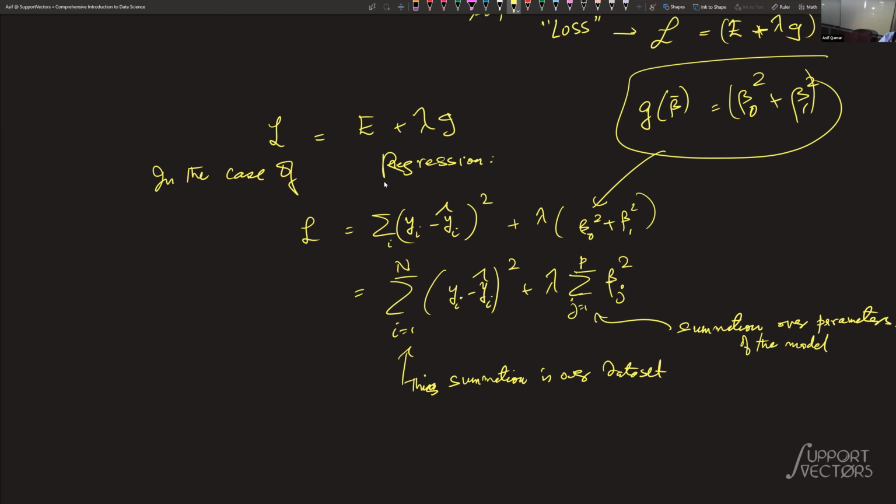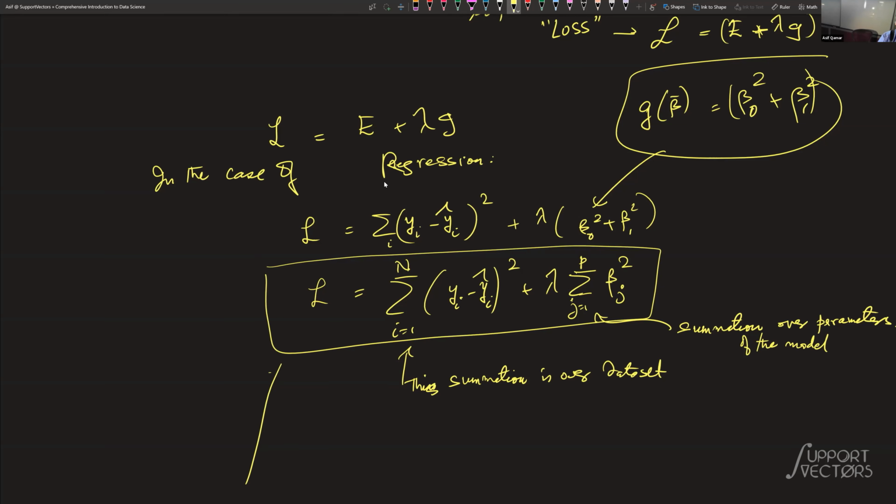And this is therefore the celebrated, famous equation of L2 regularization, or ridge regularization. Most often when people say they're regularizing, this is by default the regularization they use.